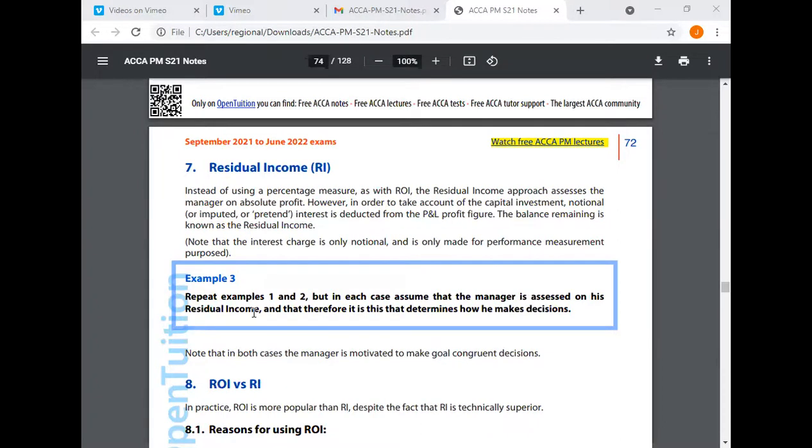I'm so sure you guys must have watched that particular video where I had explained so nicely this concept of residual income.